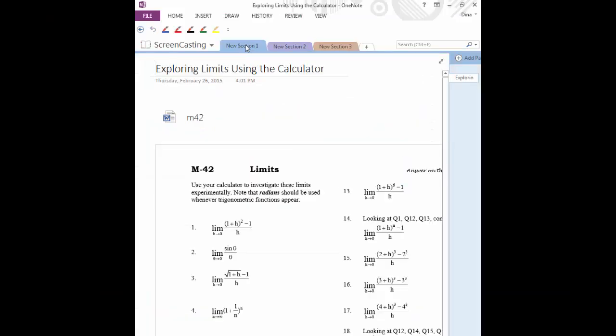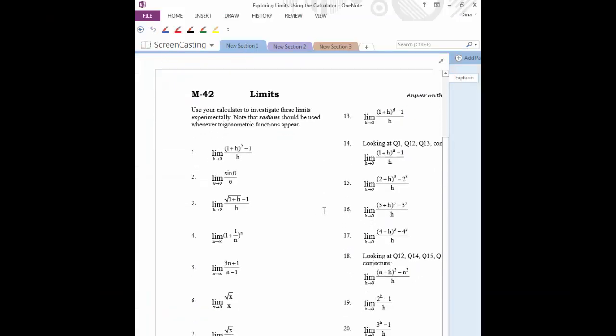I've got this worksheet here that we're going to work our way through. We're going to start with the first one, which is the limit as h approaches 0 of (1 plus h) squared minus 1, over h. The first thing you should be thinking is, oh, I have a problem. I'm going to have 0 in the denominator.